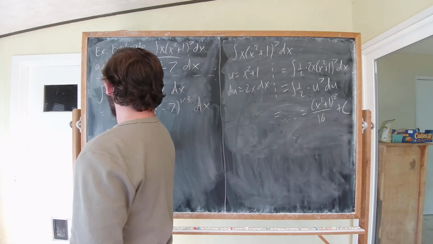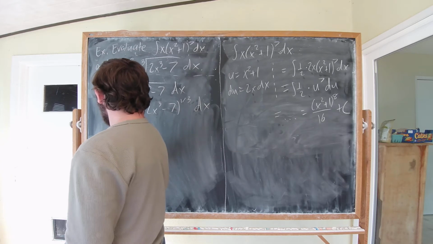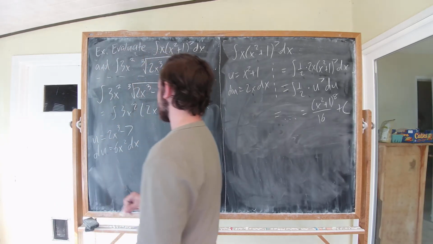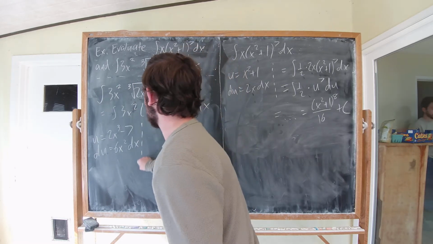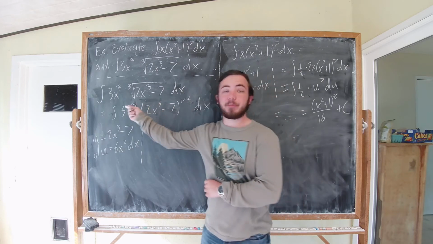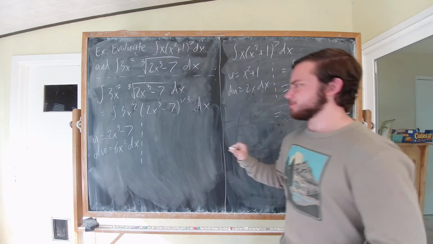Let's make the u sub, u is equal to 2x cubed minus 7. In this case, du is 6x squared dx. Well, I don't have a 6x squared dx. I do have a 3x squared dx. Let's use the exact same trick as we did over here.